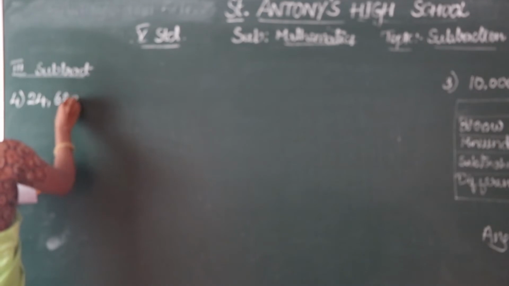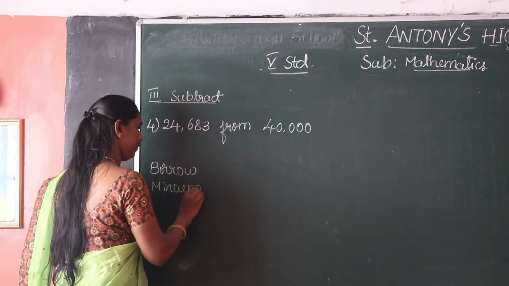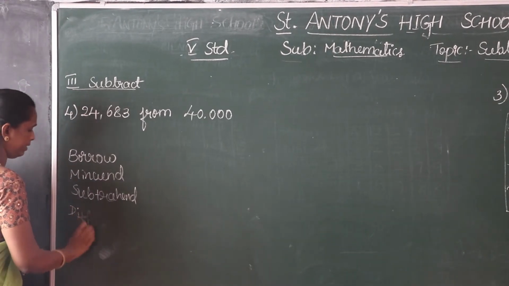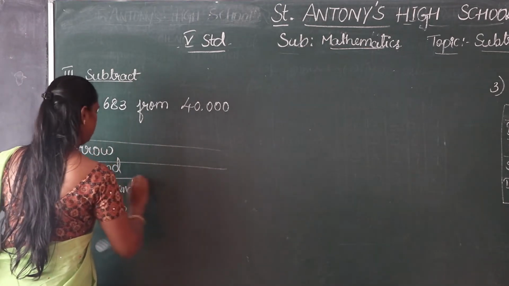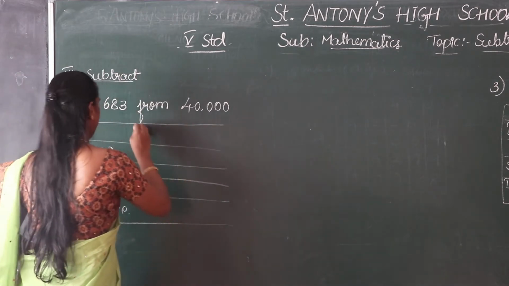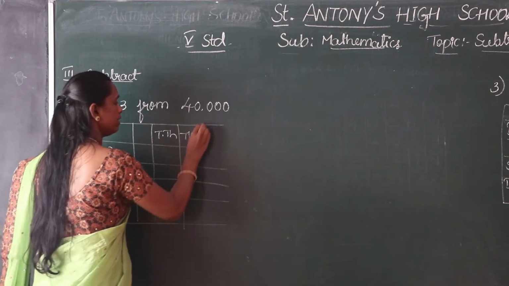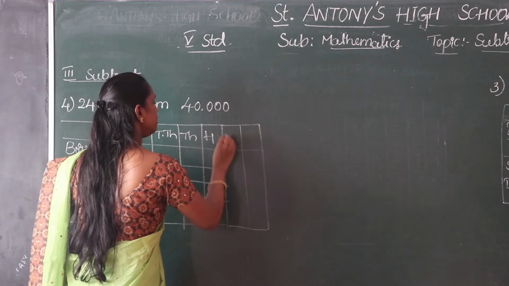Subtract 24,683 from 40,000. Write the table: borrow first, and then minuend, subtrahend, and then the last one is the difference. Ten thousands place, thousands place, hundreds, then tens and units.